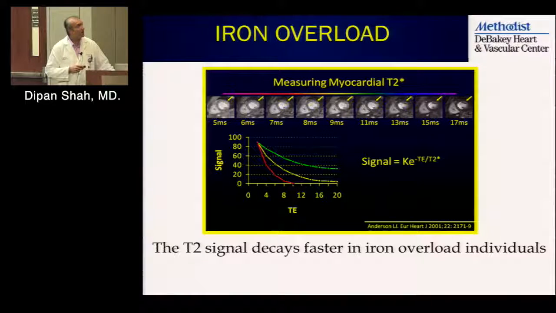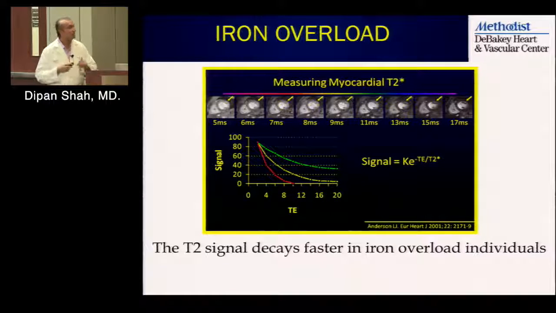Okay, iron overload cardiomyopathy. We have a great technique by CMR called myocardial T2 star measurements. This is a measure that's almost directly related to the amount of iron present. This technique doesn't require contrast, it's just a single breath-hold acquisition, and you can quantify the iron load within the heart.